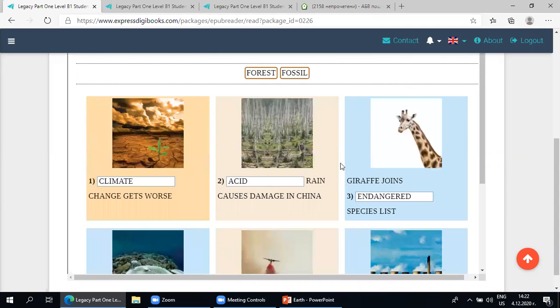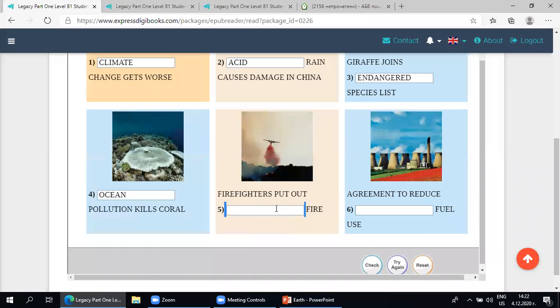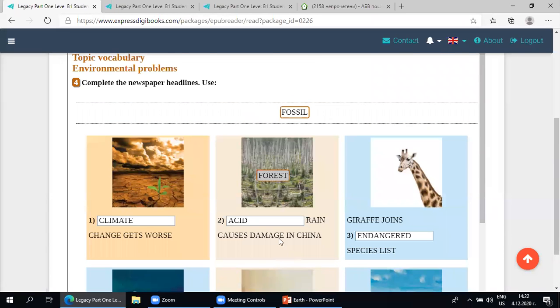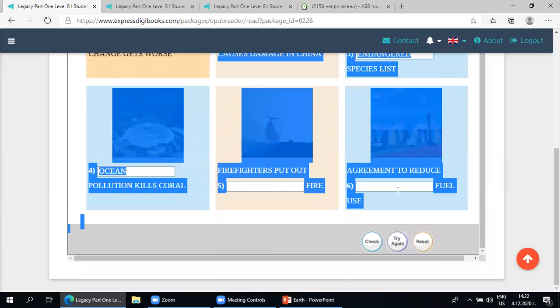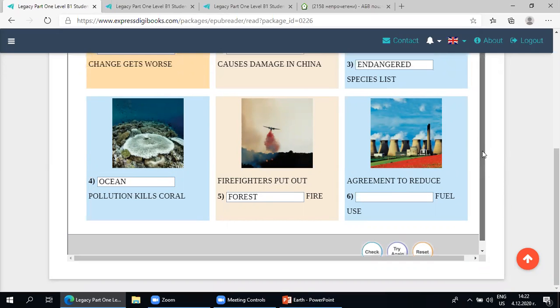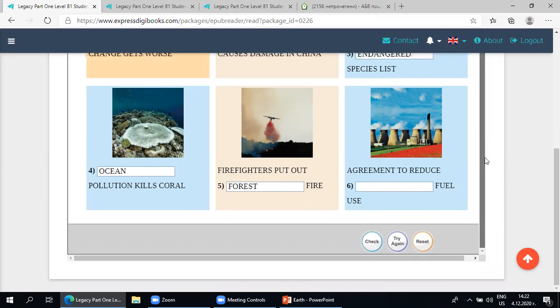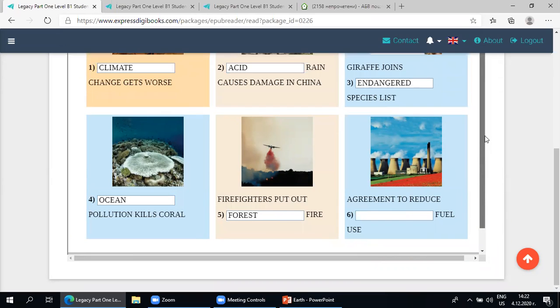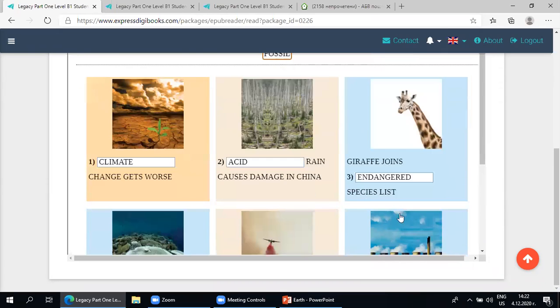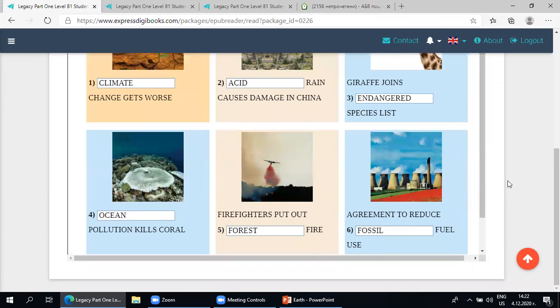Firefighters put out forest fire. Yes, that's correct. Put out forest fires. And the last one? Agreement to reduce fossil fuel use. Fossil fuel use. That's right.